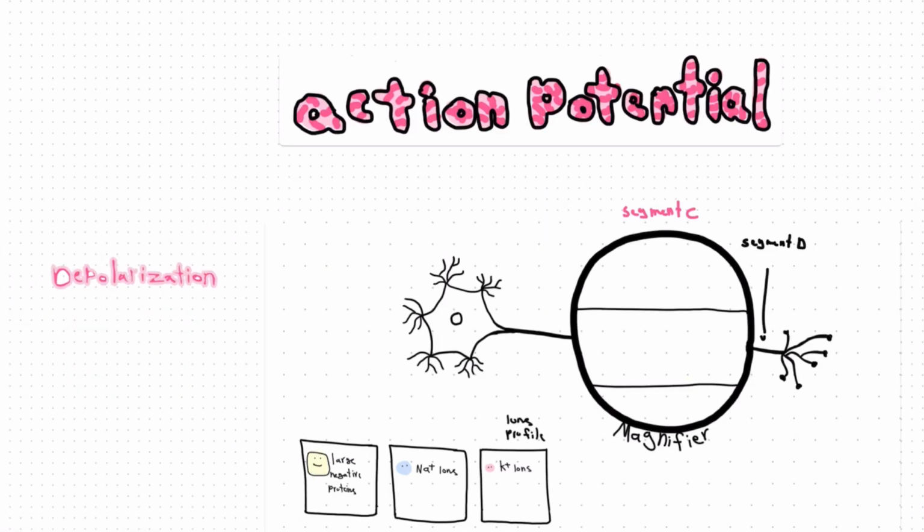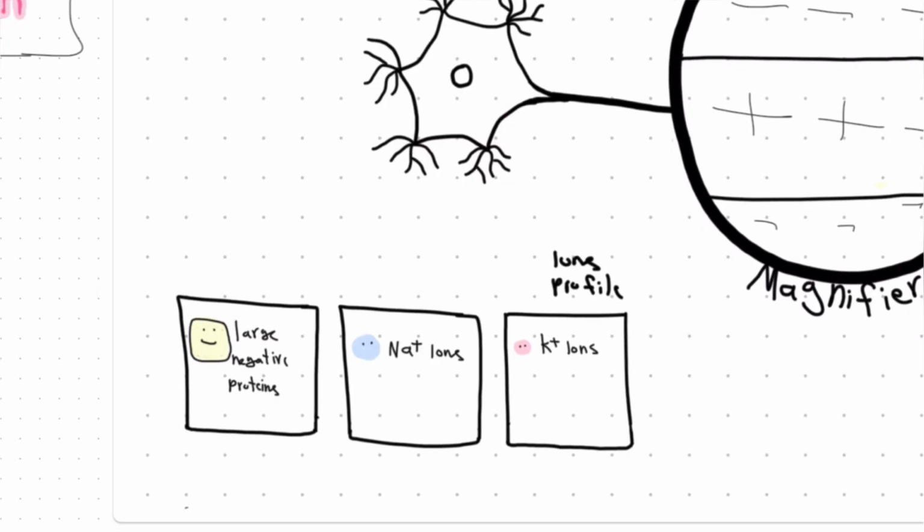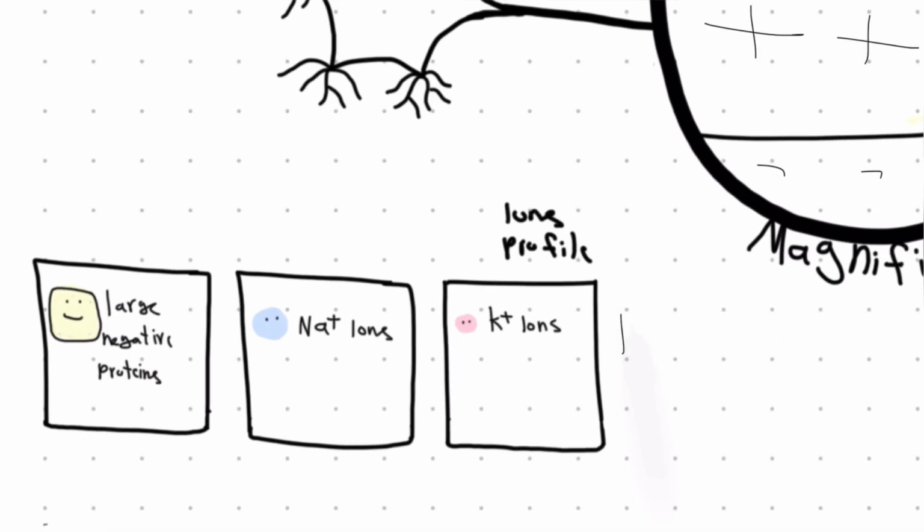Let's summarize. Depolarization is the first part of the action potential in which the inside is positive and the outside becomes negative. Potassium concentration inside the axon is high. Sodium concentration becomes high because it is entering.